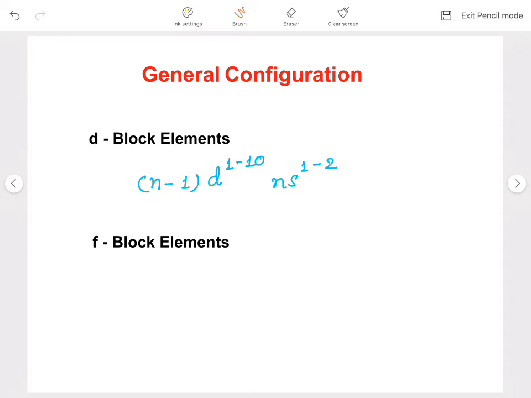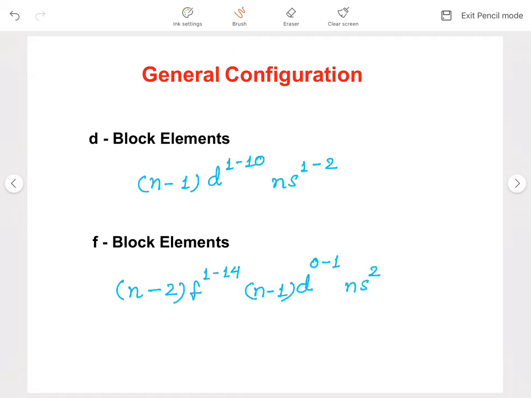For F electrons we have 3 incompletely filled shells, which means the configuration involves the last 3 shells. The general configuration is (n-2)f 1 to 14, (n-1)d 0 to 1 and ns 2.